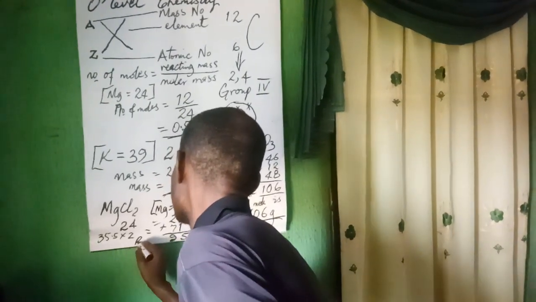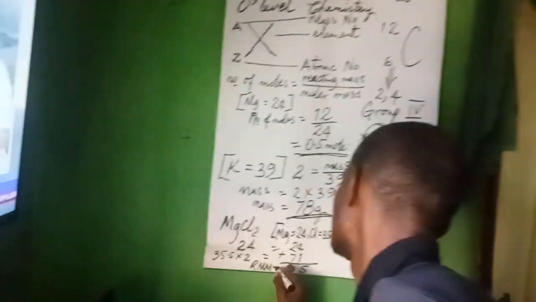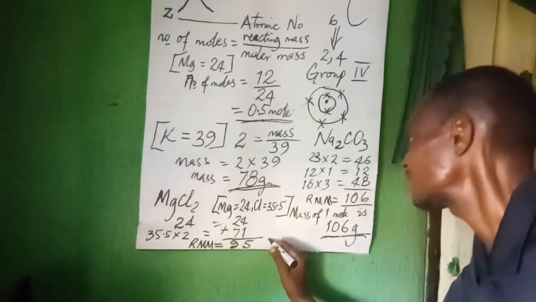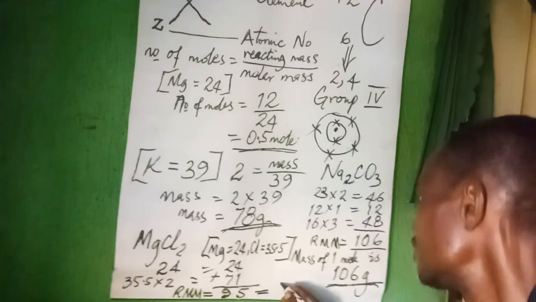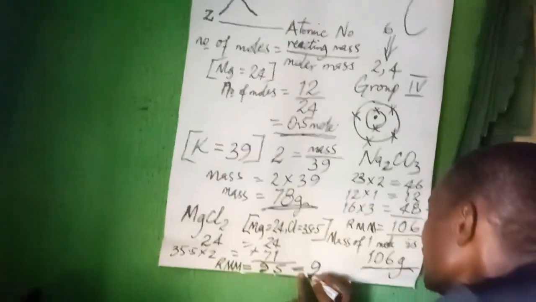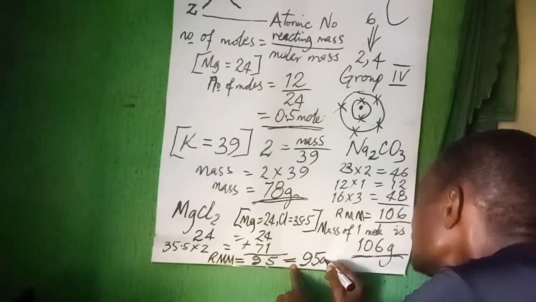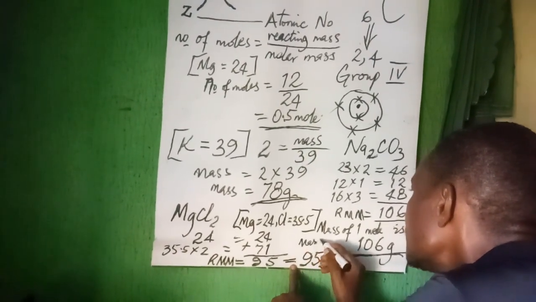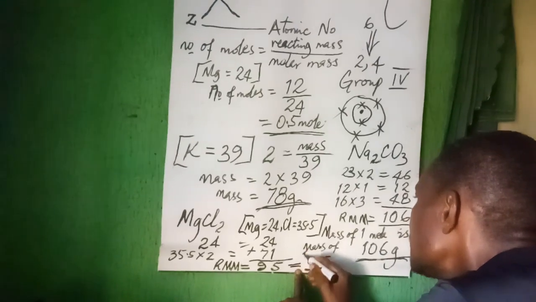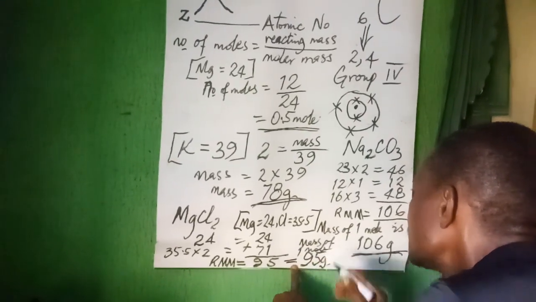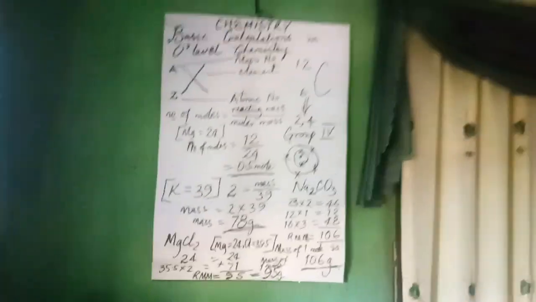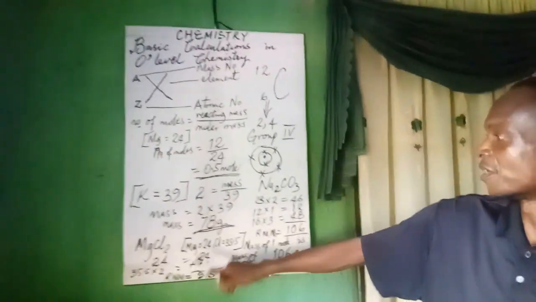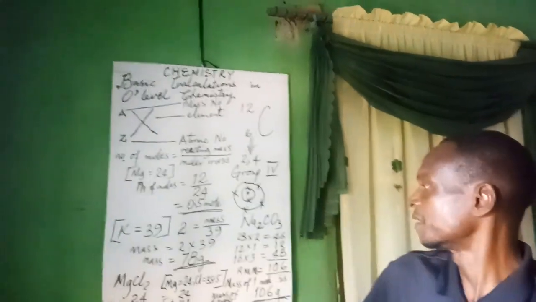Therefore, the relative molecular mass of magnesium chloride is 95, while the mass of 1 mole is 95 grams. I hope you will understand it, my viewers. Magnesium 24, having only 1 atom, we'll put it here.